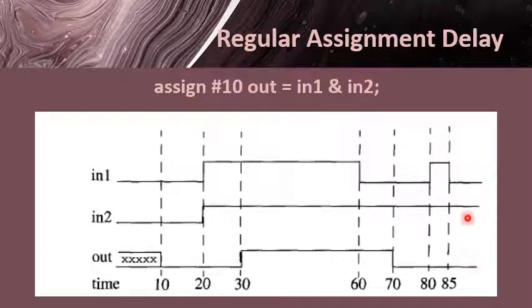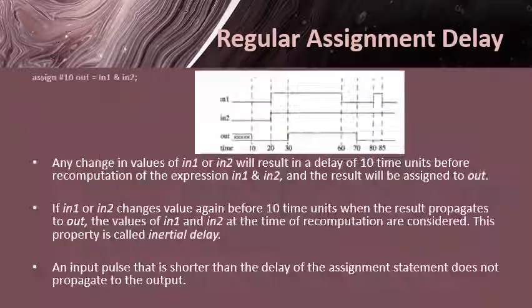But at 90 this change has been nullified, and again it has become 0, because of which the output is 0 itself. So any input change for a duration which is less than the specified delay will not be accounted for at the output.